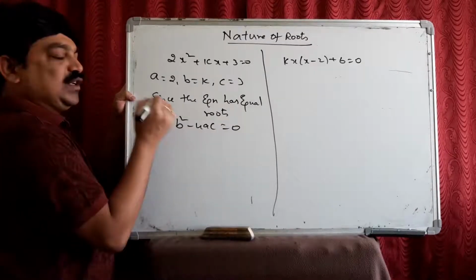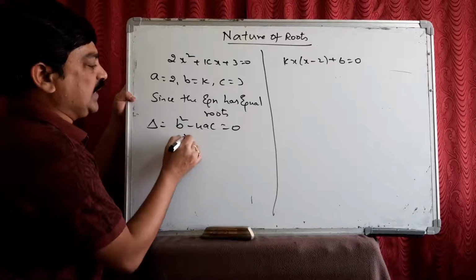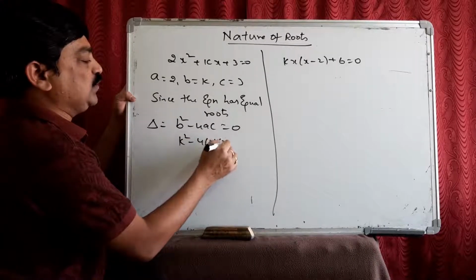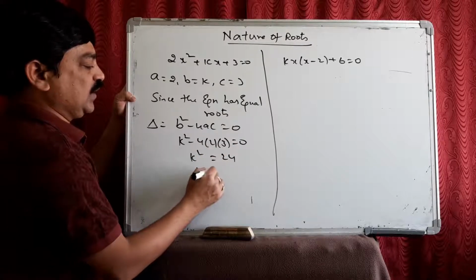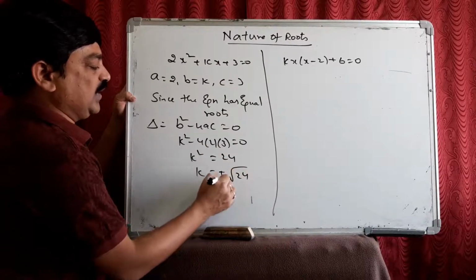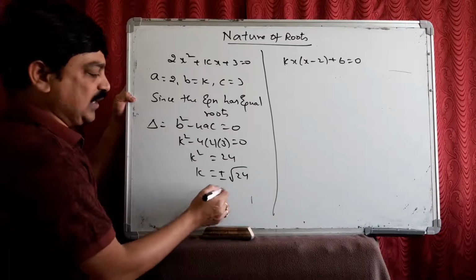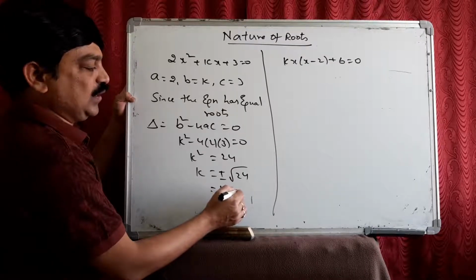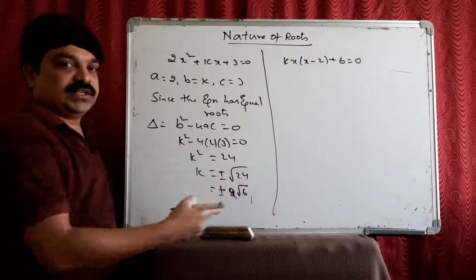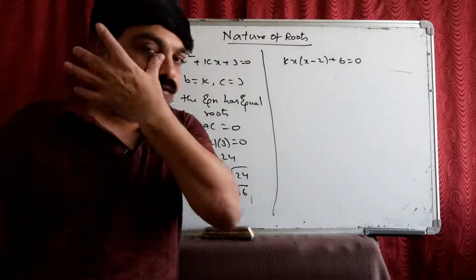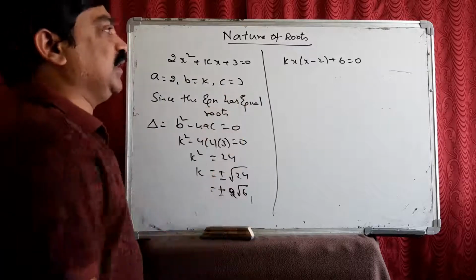Our delta is equal to 0. b square is k square minus 4 into 2 into 3. So k square is equal to 24. k equals root 24 with plus or minus. You can leave it like that, or you can write it as 2 root 6, because we can write 4 into 6. We know the value of the square root of 4, it is 2. In the same way here.